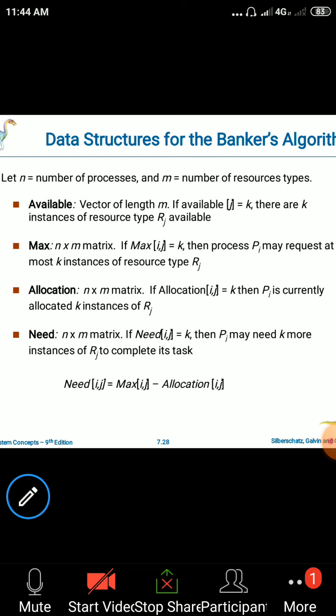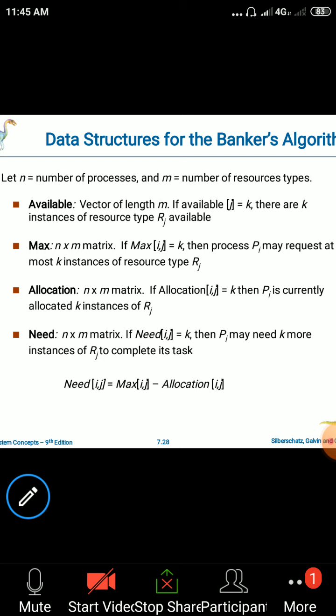So maximum 212 minus allocation 111 gives the remaining need, which is 101. It means the process requires one more CPU and one more IO device to complete its execution. Understood? Any doubt in these data structures?